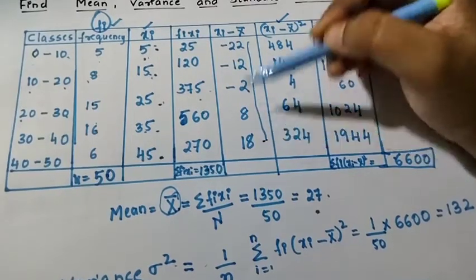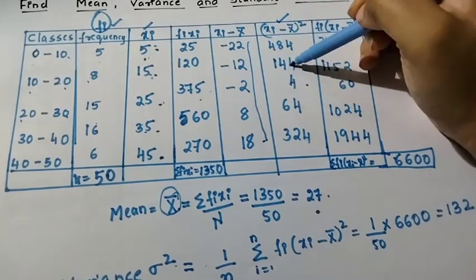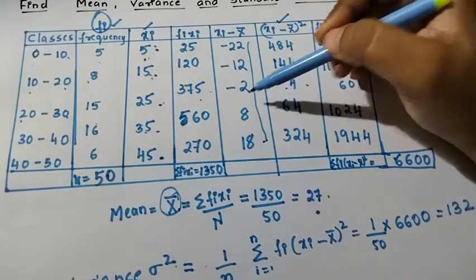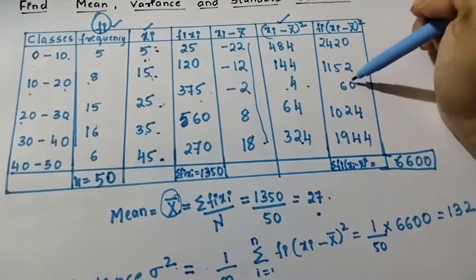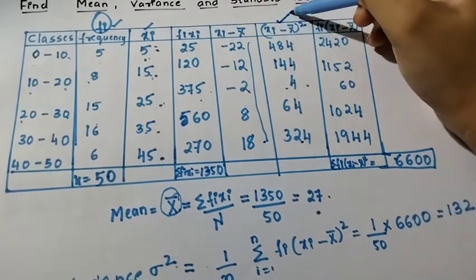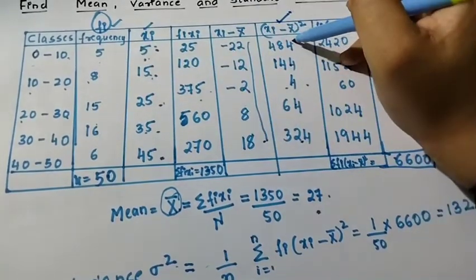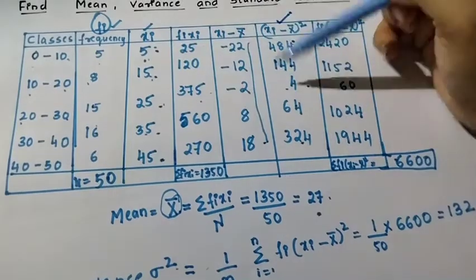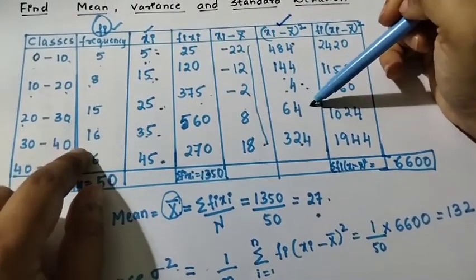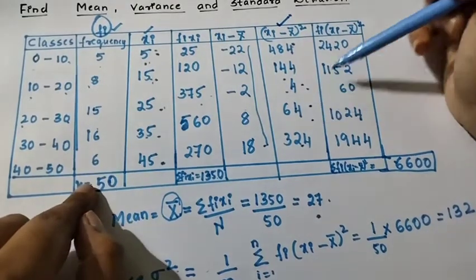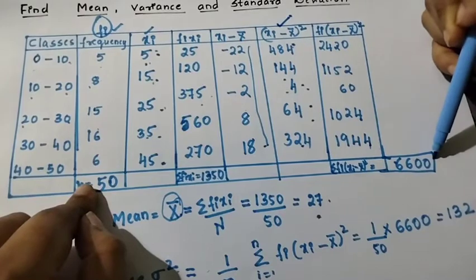After getting these values, take the square of them: 22 square 484, 12 square 144, 2 square 4, 8 square 64, 18 square 324. For the last column, xi minus x bar square is here and fi is here, so multiply them: 484 into 5, 144 into 8, 15 into 4, 16 into 64, 6 into 324. You will get these values. Take the summation of that, that is the addition of all those.